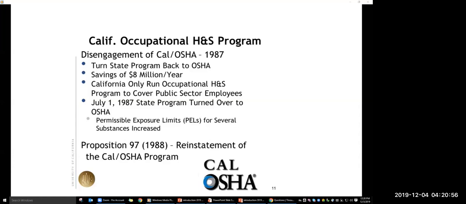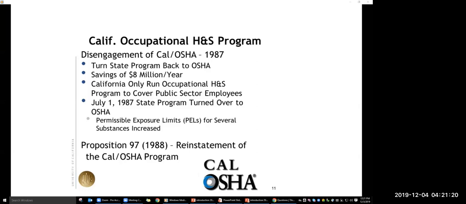Also, OSHA staffing and coverage never approached the numbers of health and safety staff which Cal-OSHA had established for the state of California. After the budget proposal announcement, approximately 25 to 30% of the Cal-OSHA staff left the program for jobs in private sector or in other state agencies.